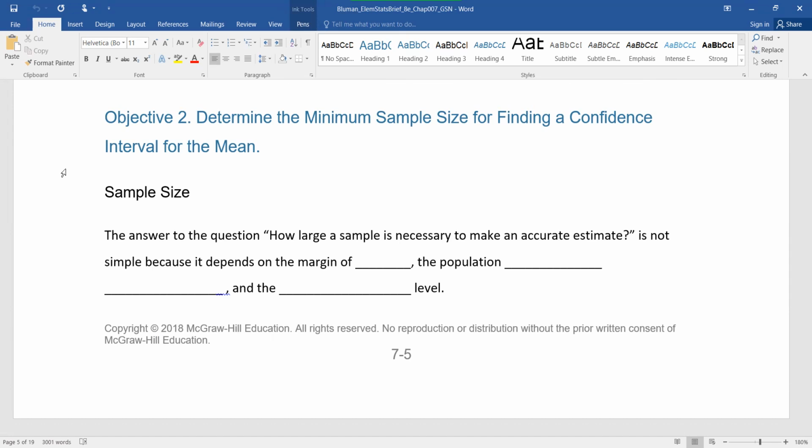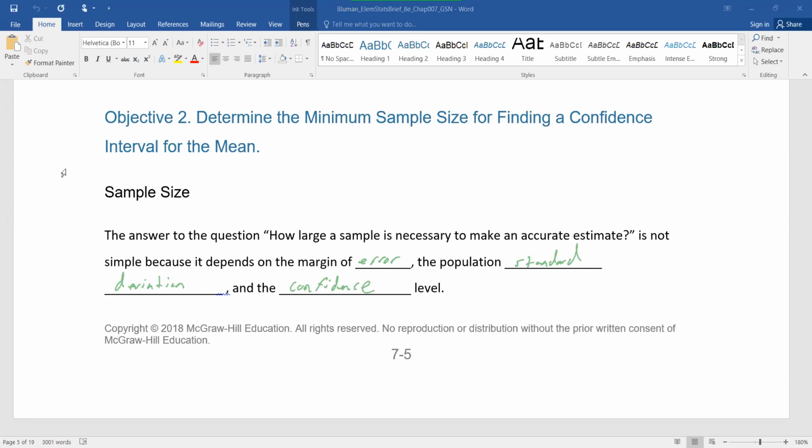The answer to the question, how large a sample is necessary to make an accurate estimate, is not simple because it depends on the margin of error, the population standard deviation, and the confidence level. So that's what it depends on.